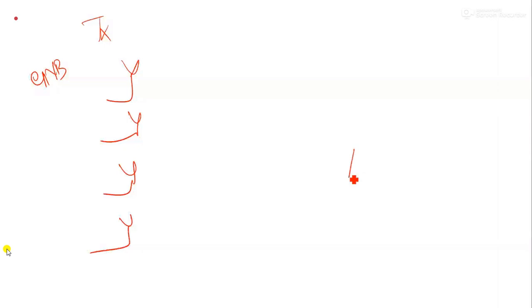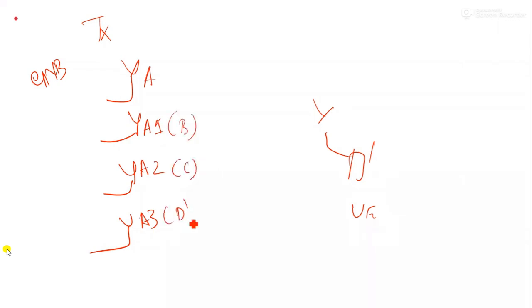Now what will the E node B do? Let's say it will have a data called A, and it will repeat this data. Why? Because I cannot send unique data. Earlier we sent unique data on each antenna and increased the throughput, right? Now I cannot do this because the mobile supports only a single antenna.